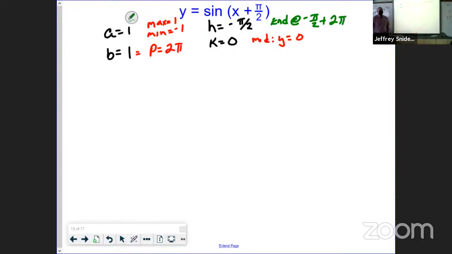Now, whoa, wait. Okay. Negative pi over 2 because that's where the cycle is going to start. Why is it plus 2 pi? Because that's the period of this thing. And that's going to tell me where it's going to end. So, what is negative pi over 2 plus 4 pi over 2? This is really 4 pi over 2. So it's going to end at 3 pi over 2. So my graph is going to go from negative pi over 2 to 3 pi over 2.